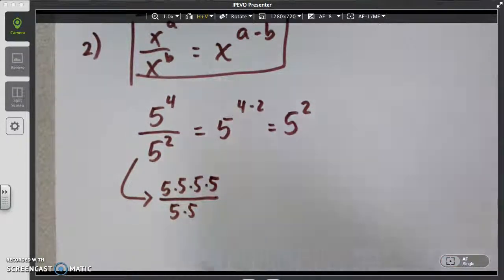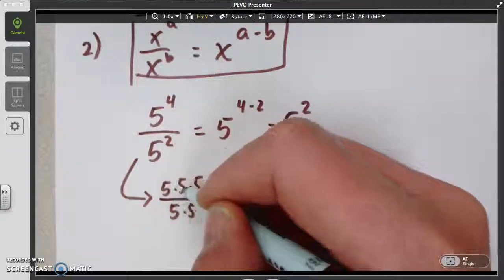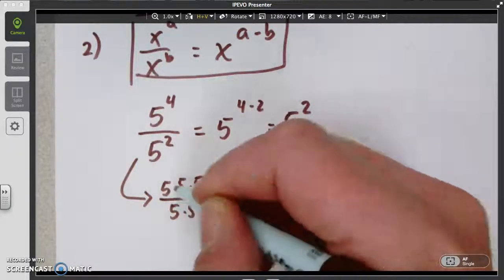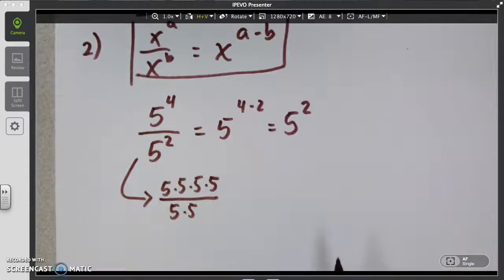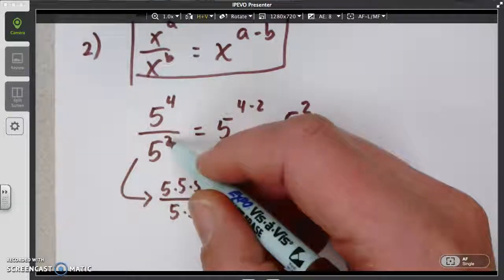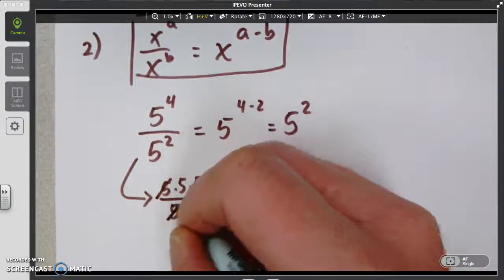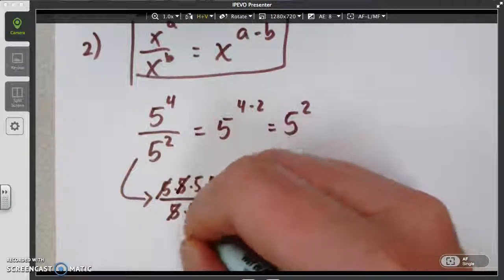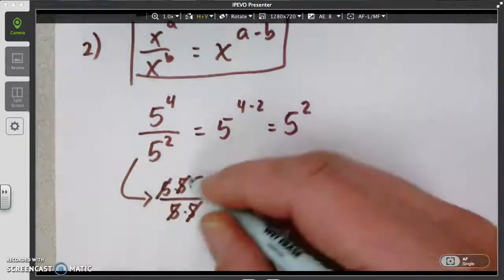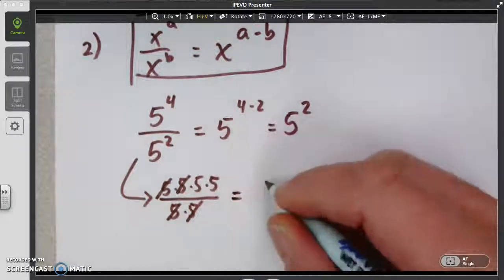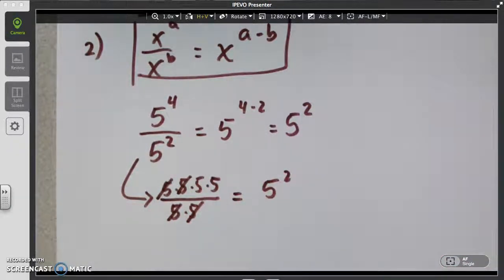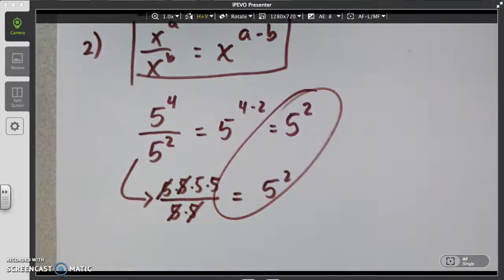So what's happening here? You have 5 to the 4th is 4 5s on the top. 5 times itself 4 times. And on the bottom, 5 to the second power, 5 and 5. So what happens here is these reduce each other. 5 divided by 5 is 1. 5 divided by 5 is 1. And what's left? 5 times 5, or 5 squared, which again is what we had to start with.